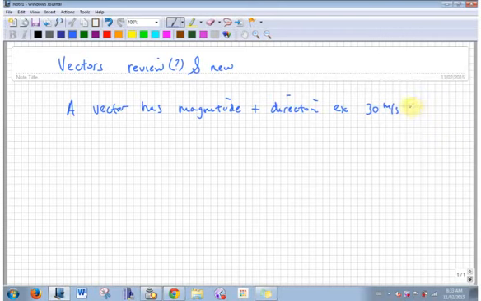If I put west or 30 degrees north of east or just right or even that way, well, that's a direction. So now it's a vector. I have a magnitude and I have a direction. Okay, so some examples.